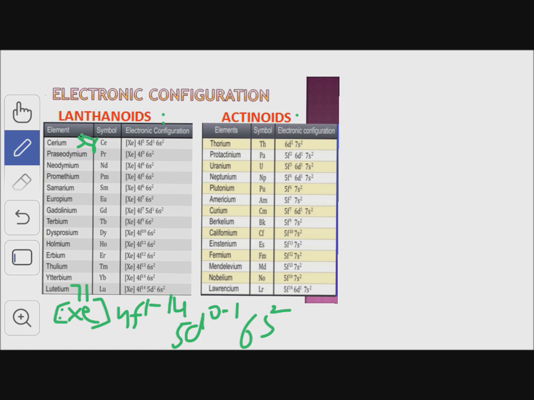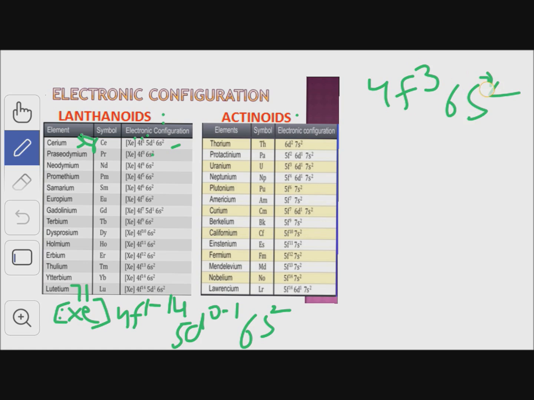In the case of cerium, the electronic configuration is xenon 54, 4f1, 5d1 and 6s2, in which one d electron and one f electron are present. Next is praseodymium, in which the electronic configuration is xenon 54, 4f3, 6s2.